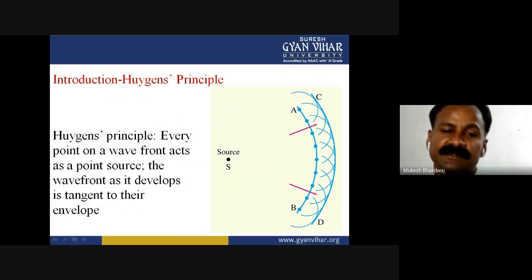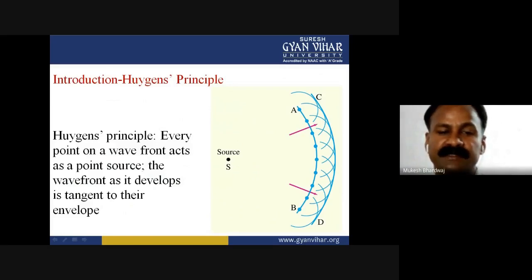These wavelets superimpose on each other in the space between the slits and the screen. At the point on the screen where the crest of one wave coincides with the crest of another wave, or the trough of one wave coincides with the trough of another wave, the waves are superimposed in the same phase.